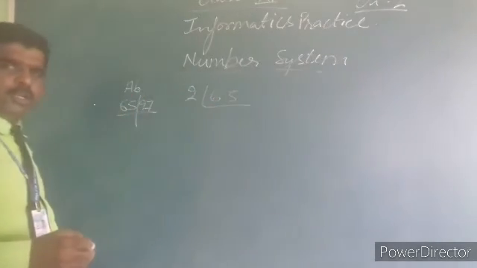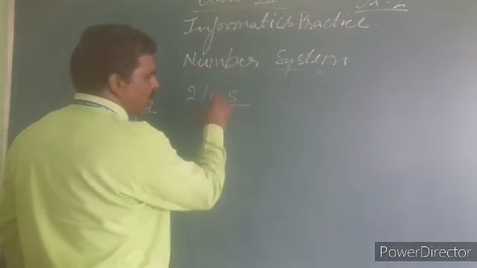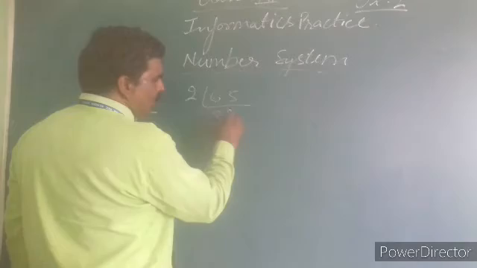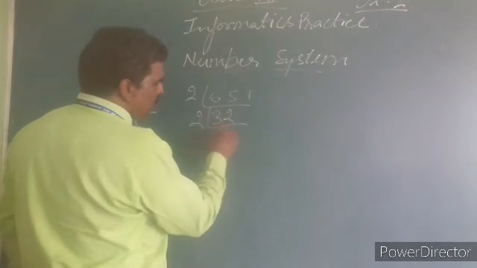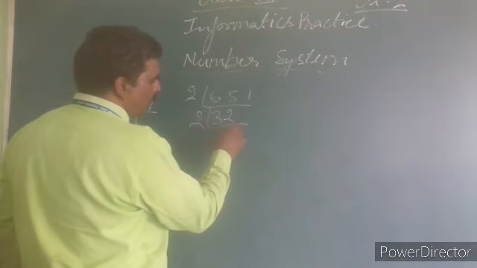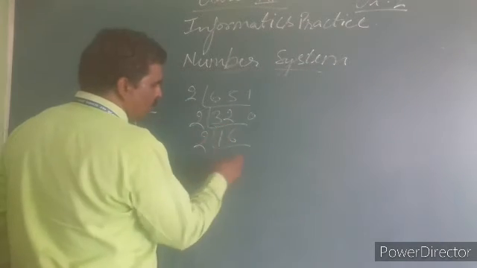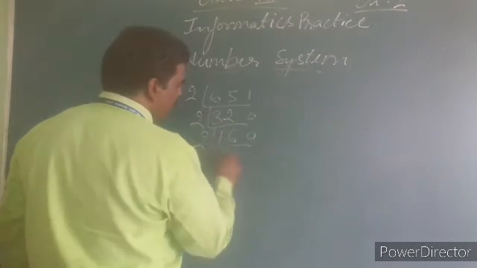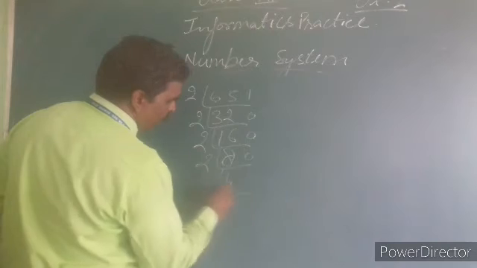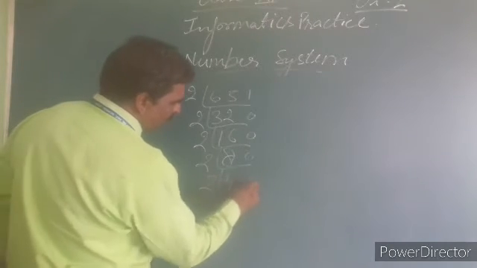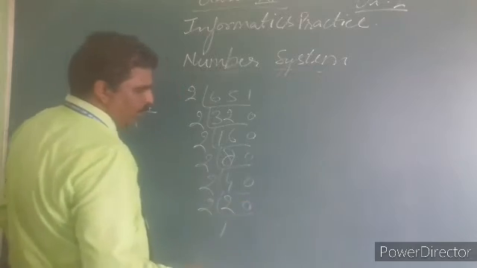First we are calculating 65. 2 3 is 6 and 2 2 is 4, remainder is 1. 2 1 is 2 and 2 6 is 12, remainder is 0. 2 8 is 16, remainder is 0. 2 4 is 8, remainder is 0. 2 2 is 4, remainder is 0. 2 1 is 2, remainder is 0.